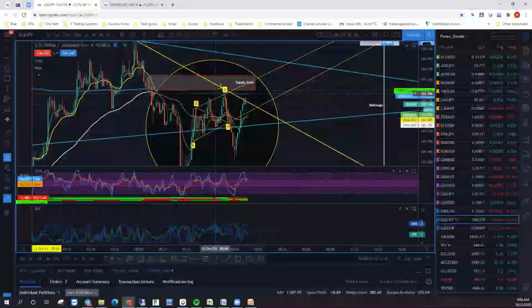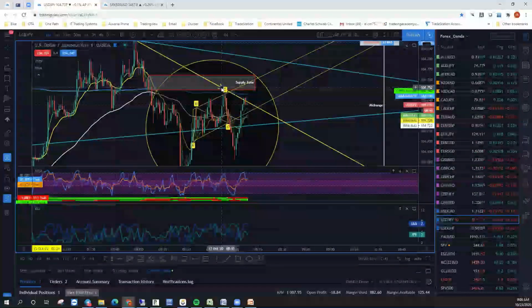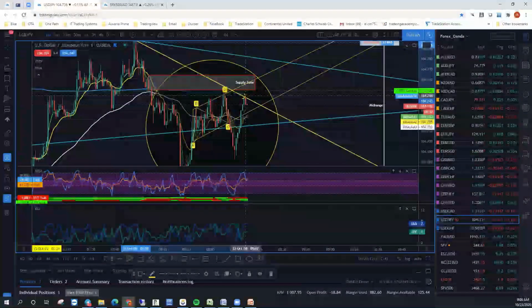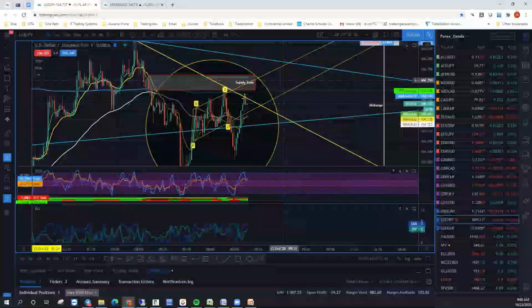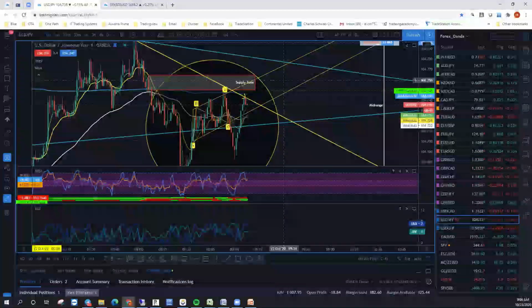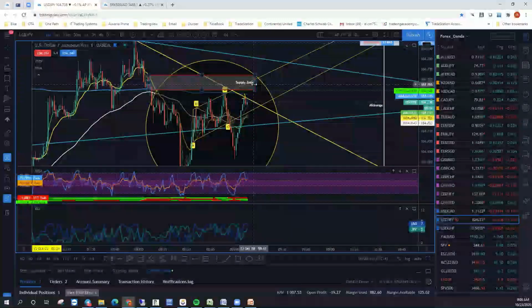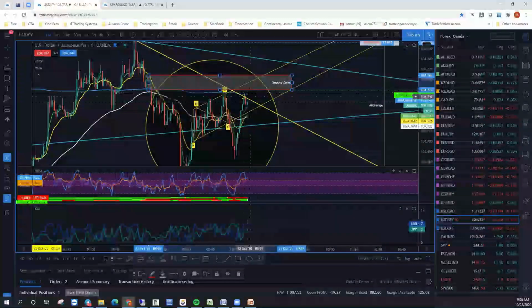Here's the anchor, here's the hit, here's the third hit. This is going to be the point where it hit the trend line. Now the question is, is it going to break it or is it going to hold? And that's right at where the 62 is.